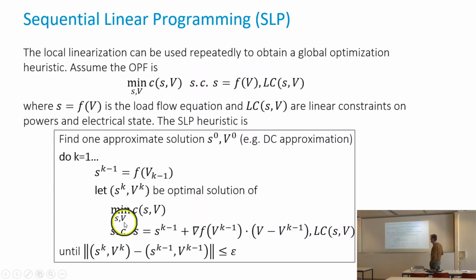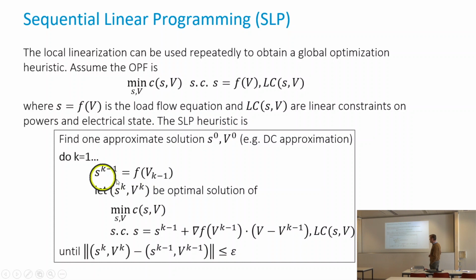Now this optimal state and the injections don't satisfy the exact power flow. They satisfy only the approximated power flow equations. So they may not be exactly feasible. So we need to iterate until we hope we reach a fixed point. At the first iteration, I find a new optimal point, S1, V1.